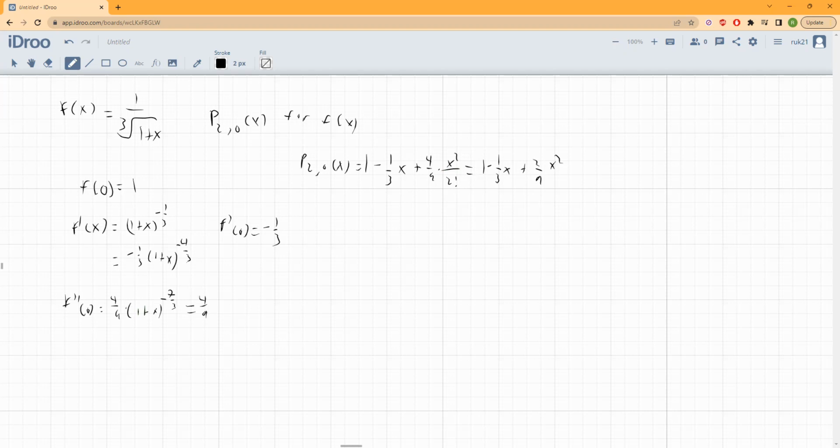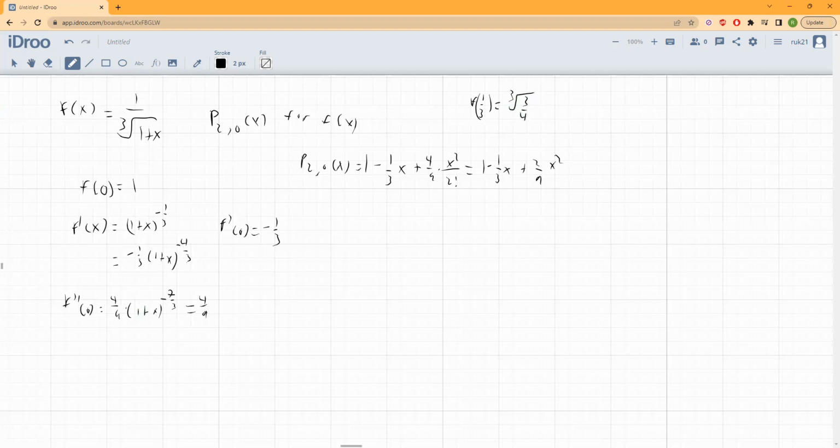So f at 1/3, we can right away see, is the cube root of 3/4. I wrote a horrible 3 as usual, so it's cube root 3/4.